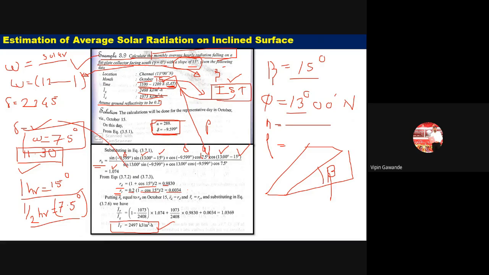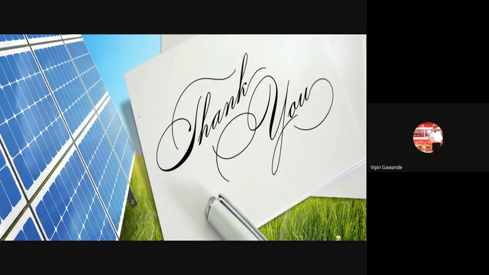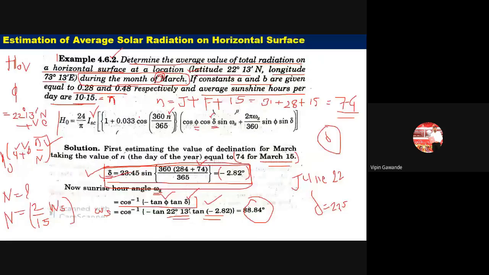But here LAT, the local apparent time, is given directly. Local apparent time means solar time. That's why we have taken it directly: 1 hour is equal to 15 degrees. Half of that, half an hour, is 7.5 degrees.